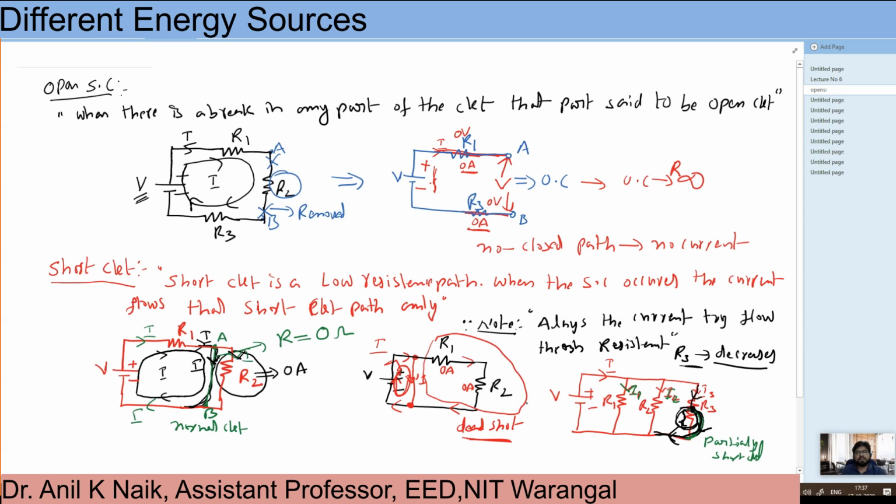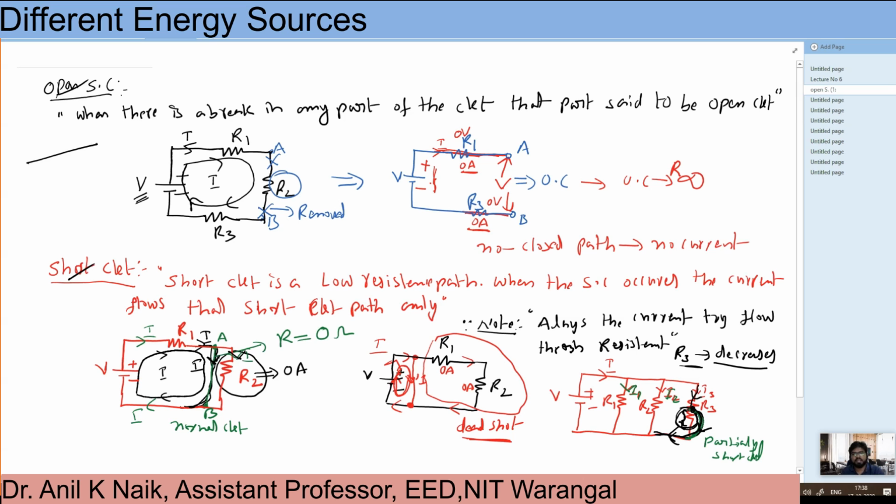This kind of open circuit and short circuit concept we need to understand, because in the further study of our BTech in electrical engineering in the second year and onwards, we are going to deal with power systems. In the power system we have transmission lines and generating stations, and there sudden faults occur.